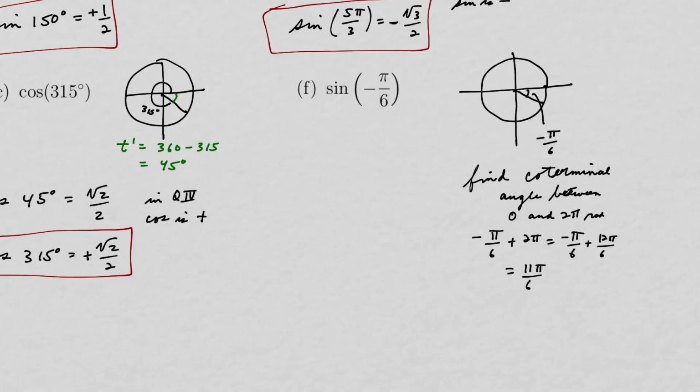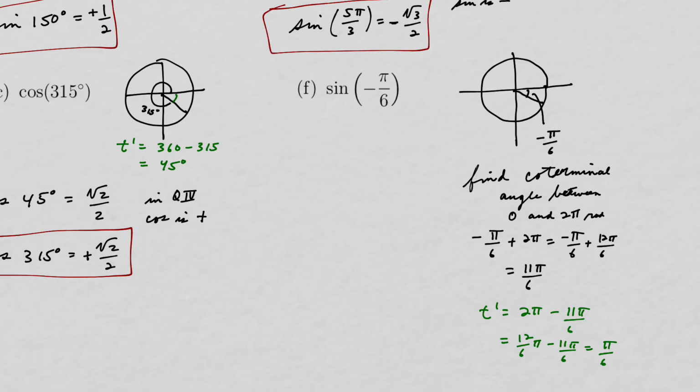Okay, but then how do I find the reference angle? Well, I'm in the fourth quadrant, so to find the reference angle, t prime, I have to take 2 pi minus the actual angle, which is 11 pi over 6. So this is 12 pi over 6 minus 11 pi over 6. It's going to give us what we expected. It's just going to be pi over 6, but positive.